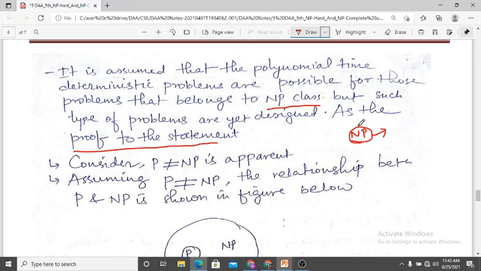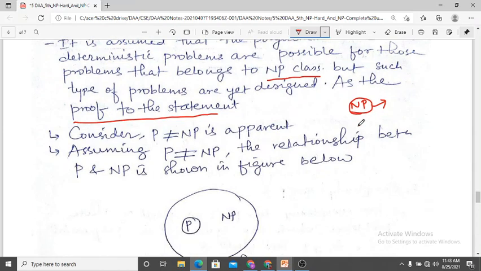Without using the non-deterministic algorithm, how can we solve the problem in polynomial time? So consider P does not equal NP, or P equals NP.